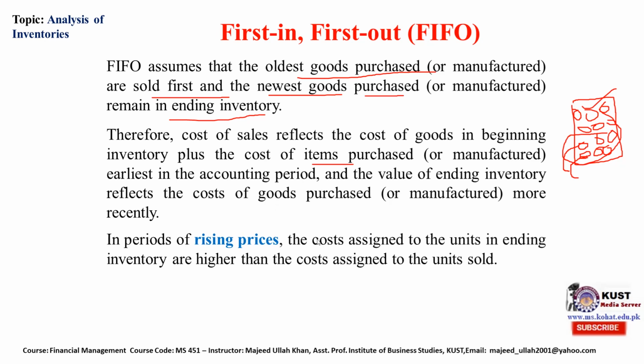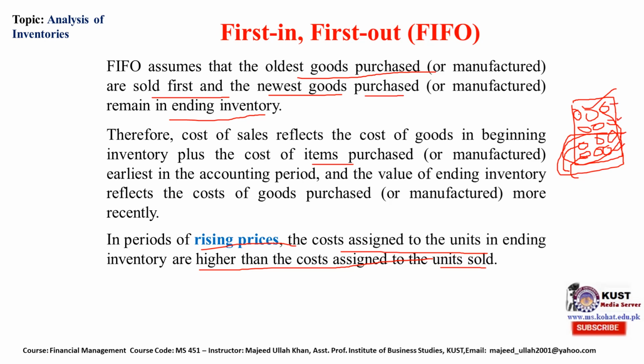So in a period of rising prices, the cost assigned to the unit in ending inventory are higher than the cost assigned to the unit sold. Why will it be higher? If there are rising prices, we will buy these 6 items at lower prices. This one lower, this one a bit higher, and this one higher than this, and this one higher than this.